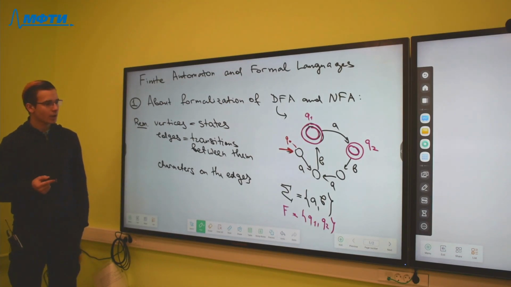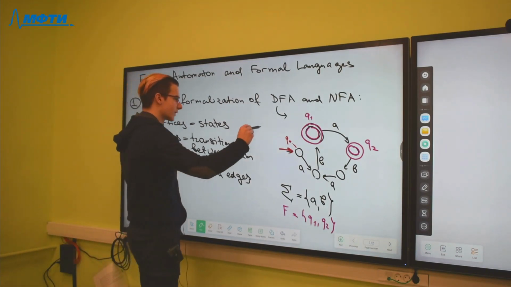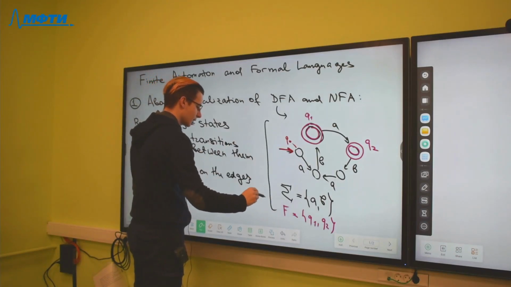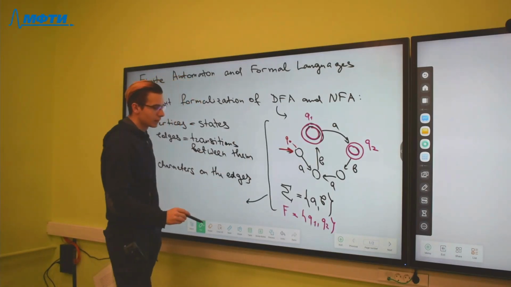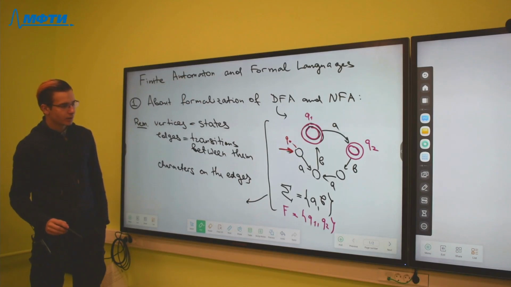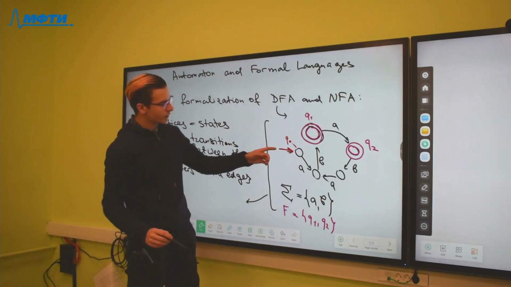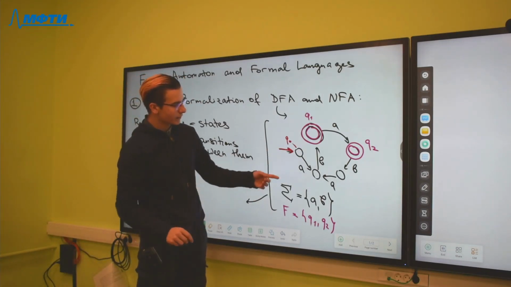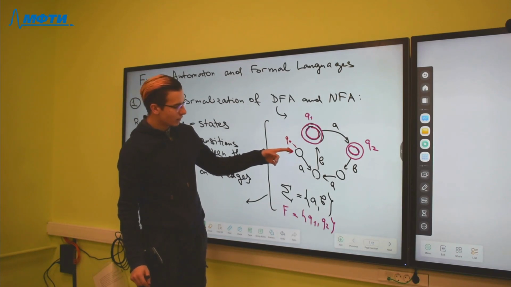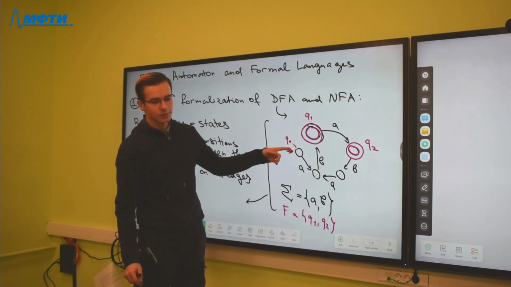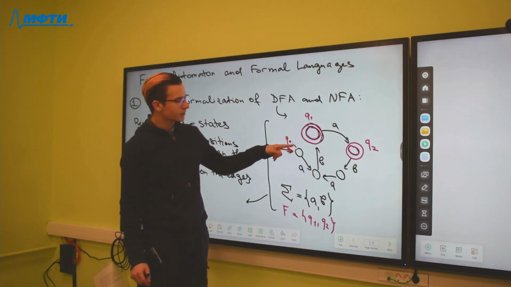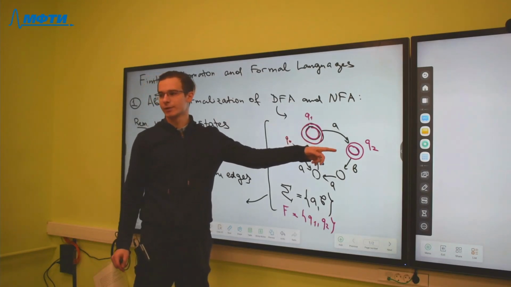No? Okay. For this example, a sequence of characters is equal to a path from the initial state to one of the final states.